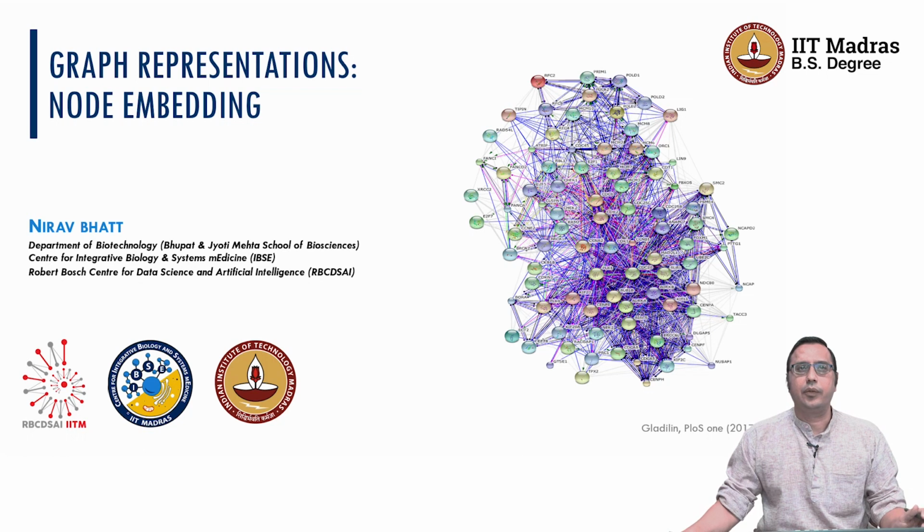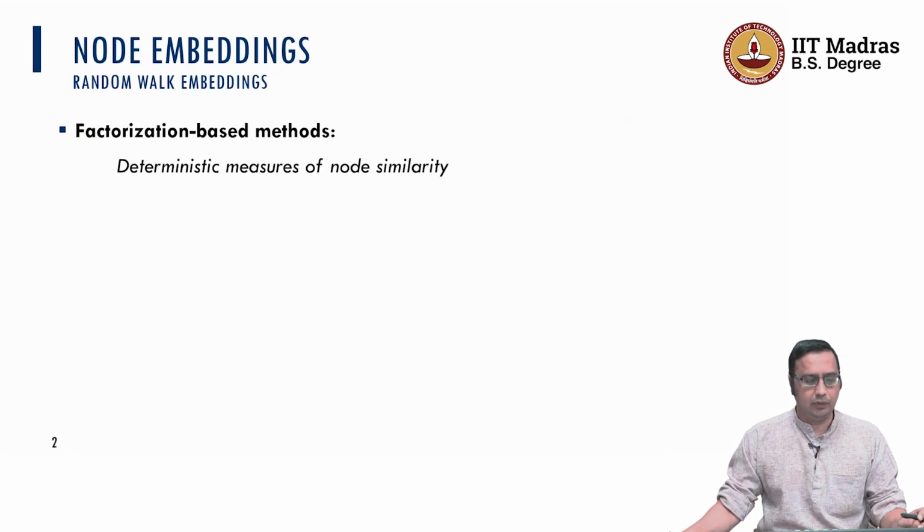In this lecture, we'll discuss another method for node embedding. In the last lecture, we discussed factorization based methods, where we use deterministic measures of node similarity like the adjacency matrix or some higher order matrix to determine the node similarity. Weighted adjacency matrix was one of the examples we have taken.